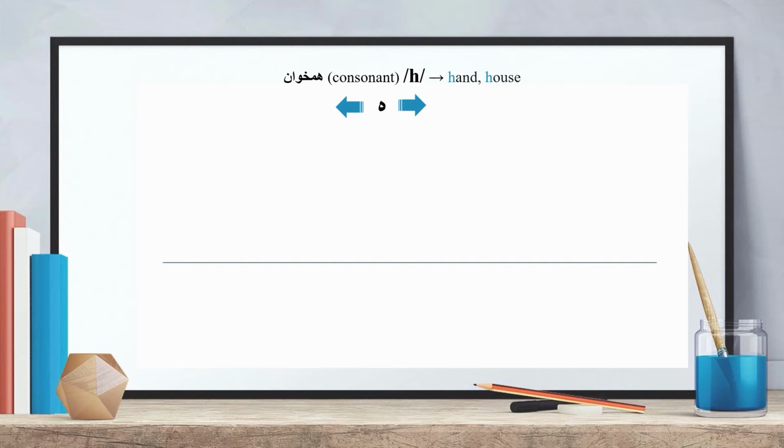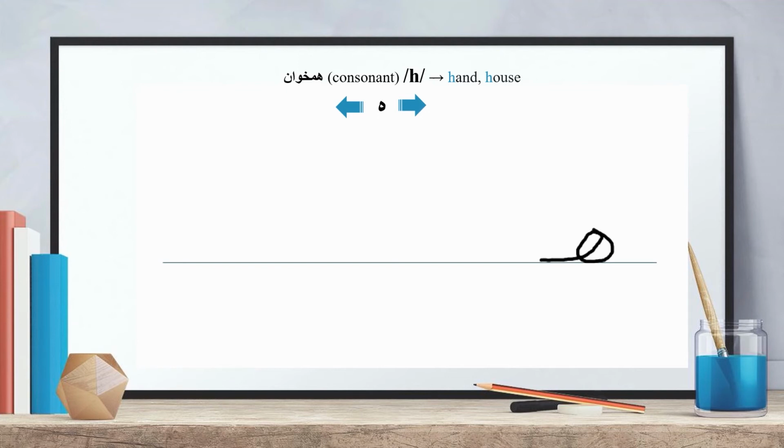When it is in the beginning of a word, pay attention to my handwriting. So we start from this part, we start from here, we make it downward, somehow like a drop, and we extend it from here to the left.